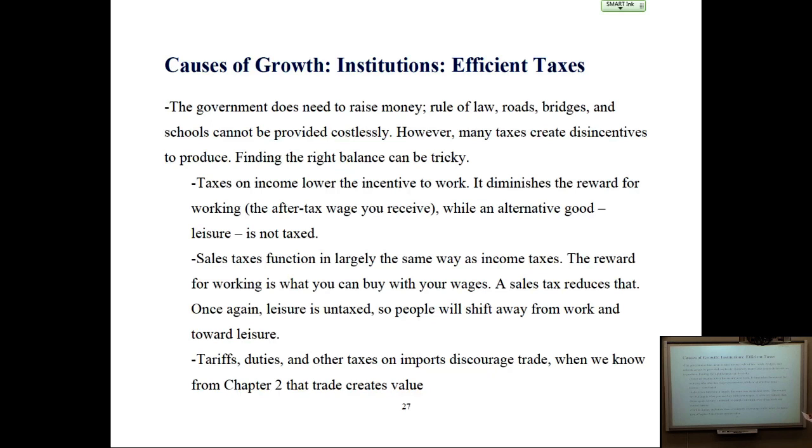There are some other examples of taxes out there that I did not put in our slide, didn't have space for them. We talked about the capital gains tax back in our chapter on inflation. Remember how that worked was that if you buy a stock at one price and you sell it later for a profit, you pay the capital gains tax on that profit.